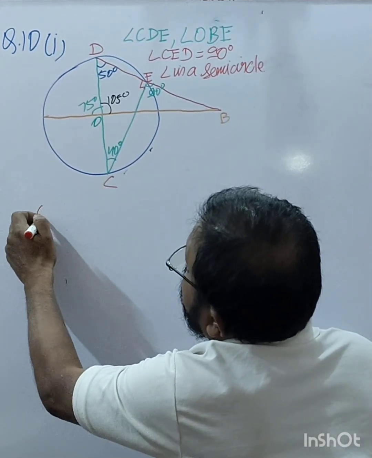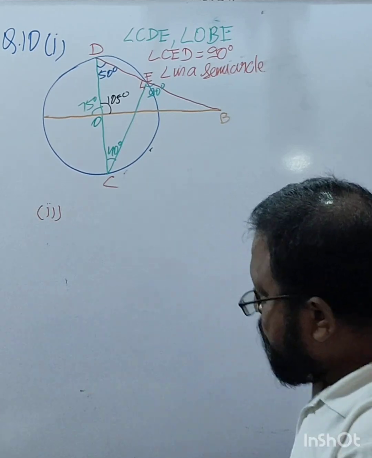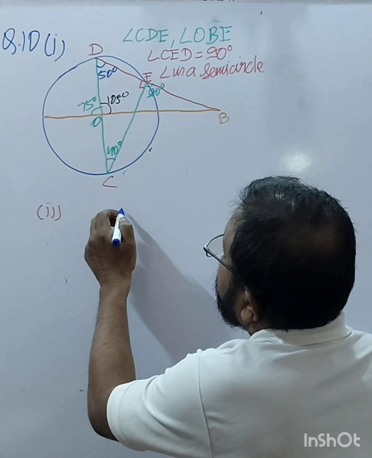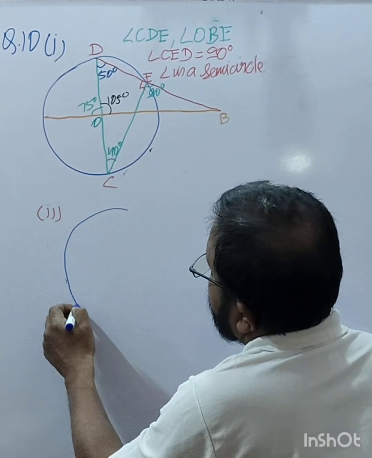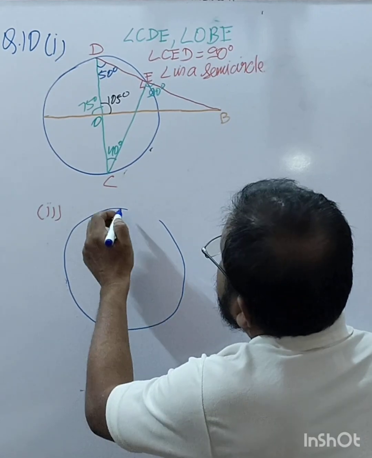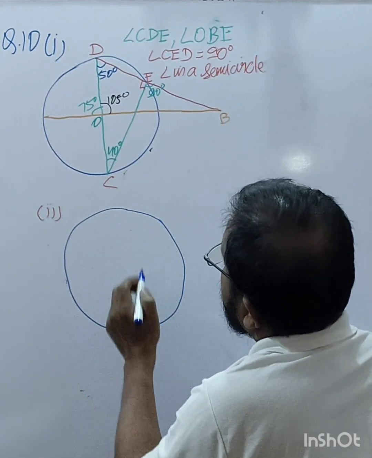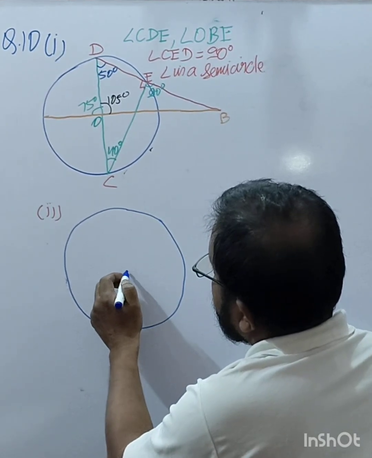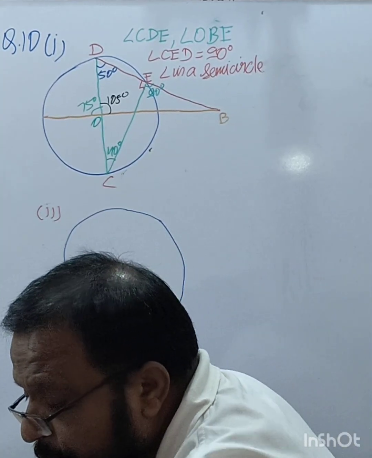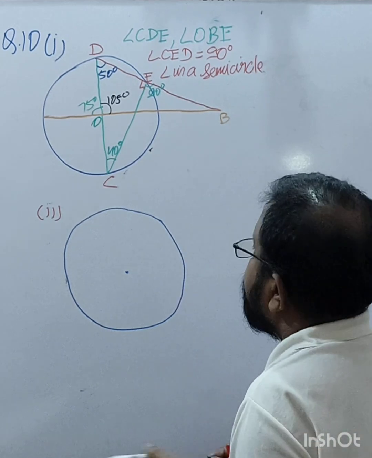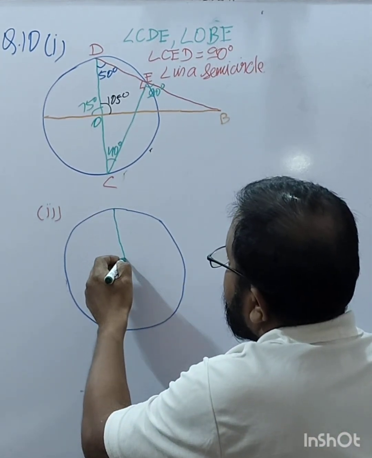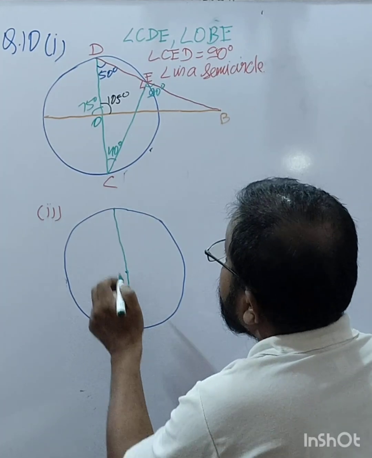Now we have part 2. In part 2, what do you have? There is a circle like this, with a center. AD is passing through the center.